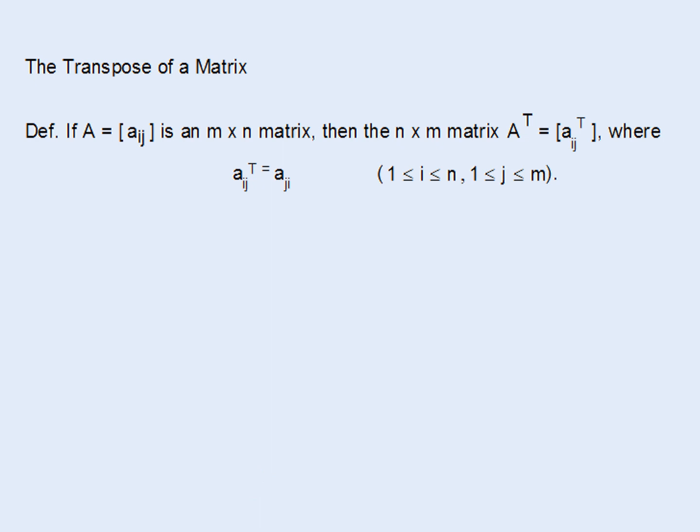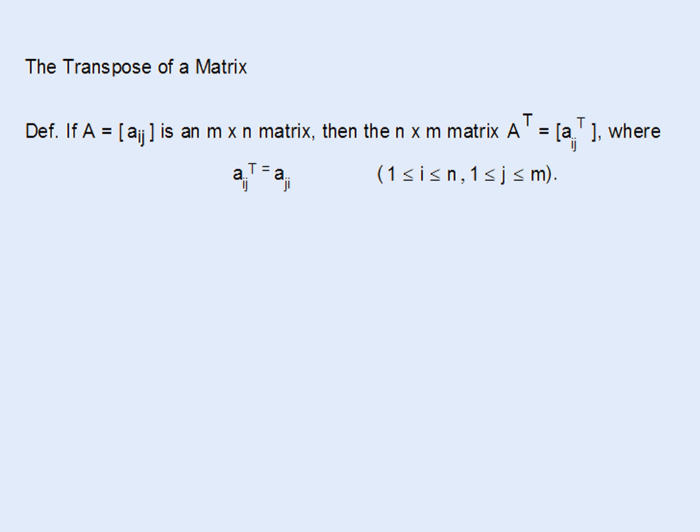So if A is an m by n matrix, the transpose of matrix A, A^T, is an n by m matrix, where the element Aij of the transpose is equal to Aji of matrix A.